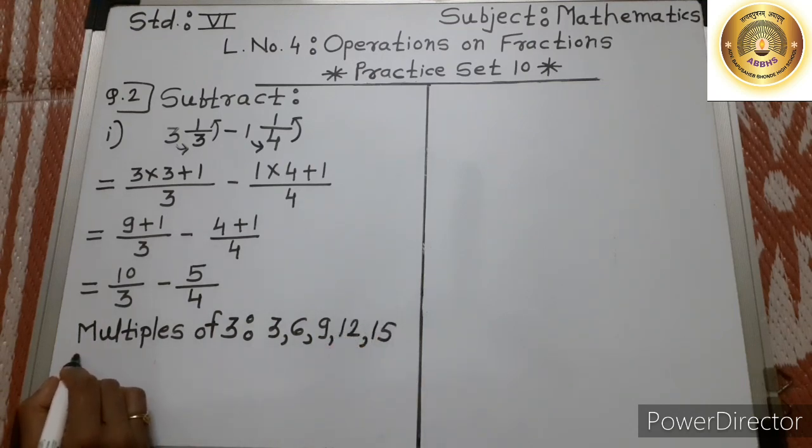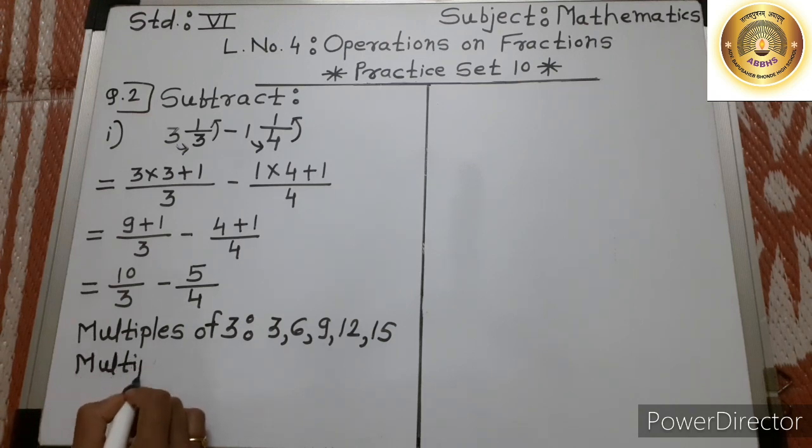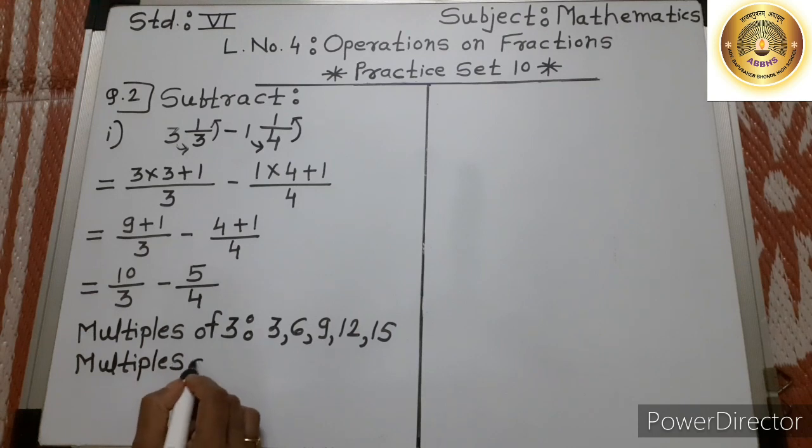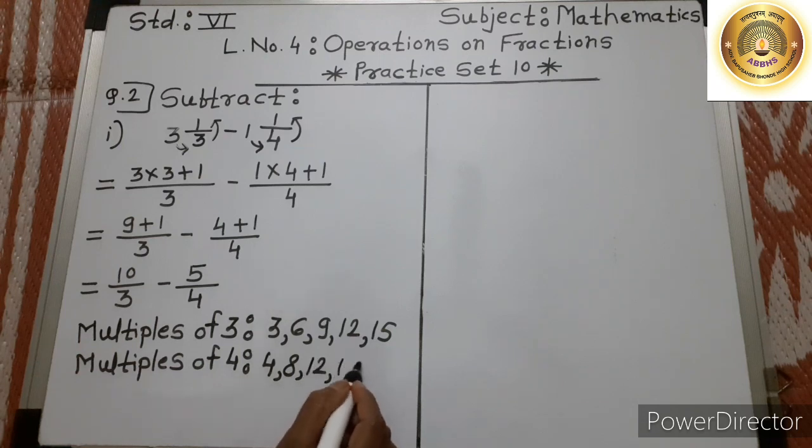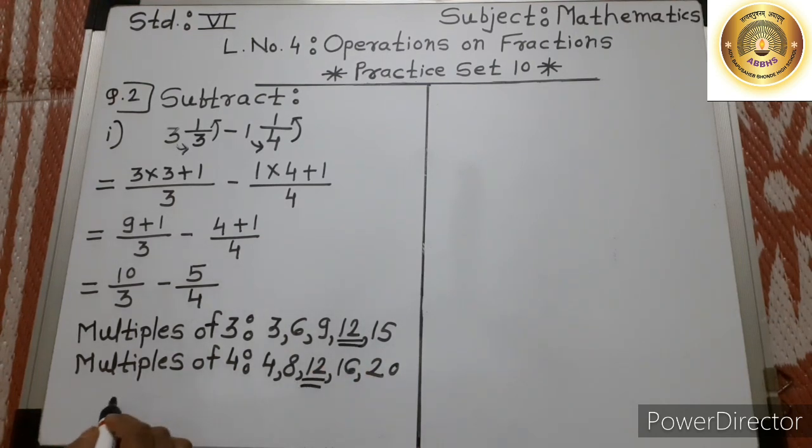Now write multiples of 4: 4, 8, 12, 16, 20. Now find out the common multiple. 12 is the common multiple.